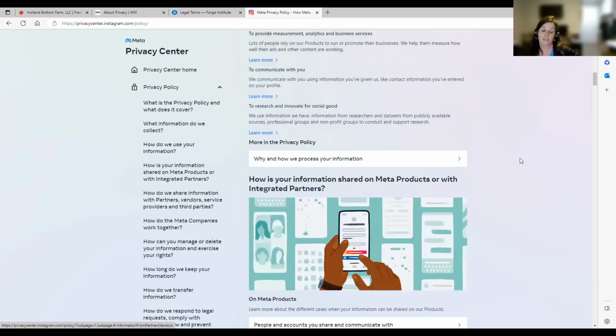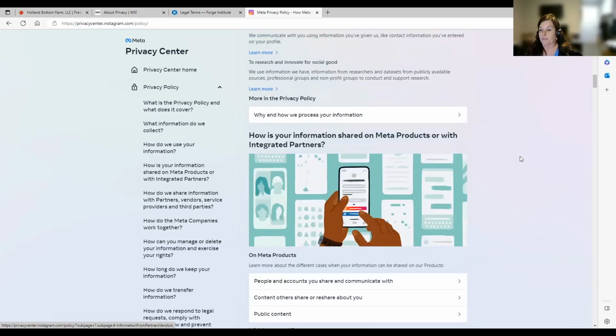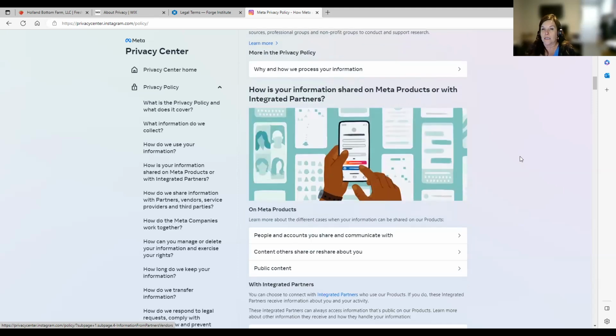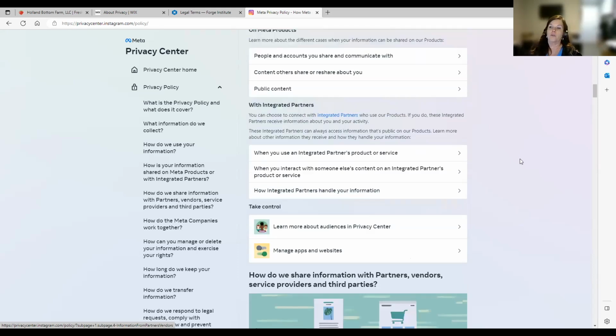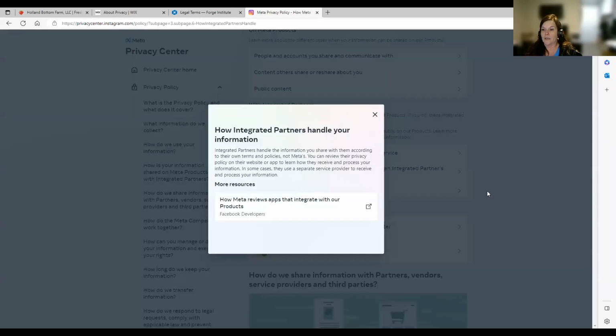That's right. That's right, Catherine. And that brings up a great point in the sense that when you look at this privacy policy, they say they have integrated partners. And when you use an integrated partner, how do the integrated partners handle your information? And so it breaks that down.